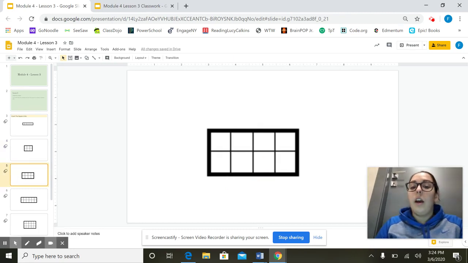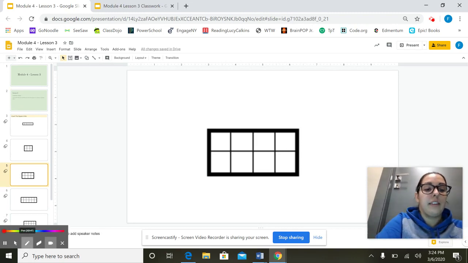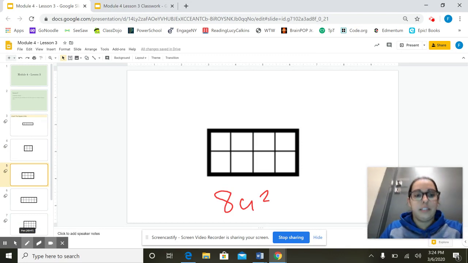Okay, I want you to go ahead and do this one for a moment. I'm going to give you a second just to kind of count it and figure out what you think the units are. Okay, if you got 8 units squared, you are correct.